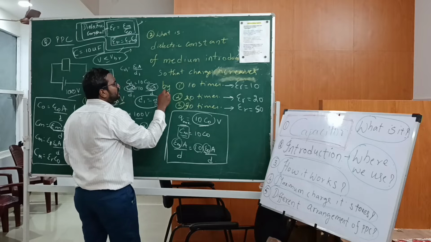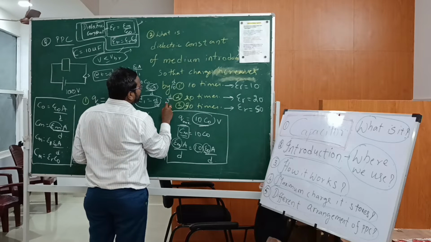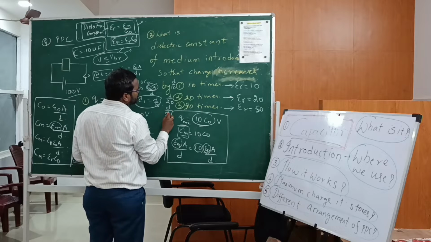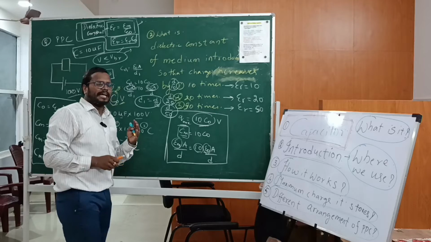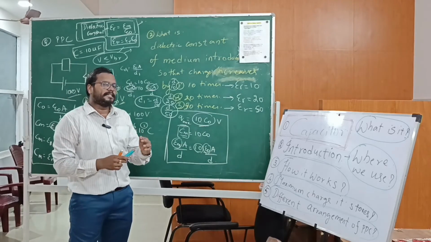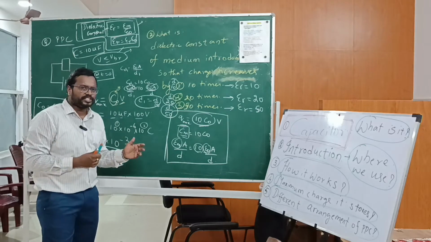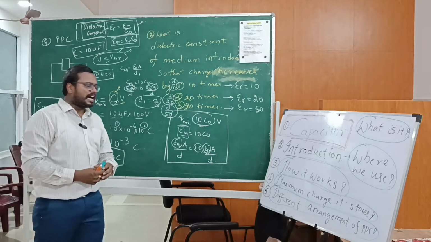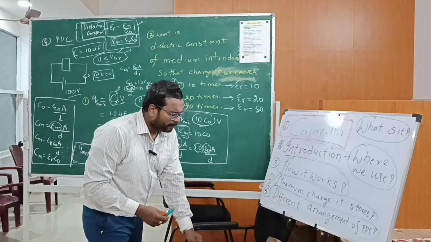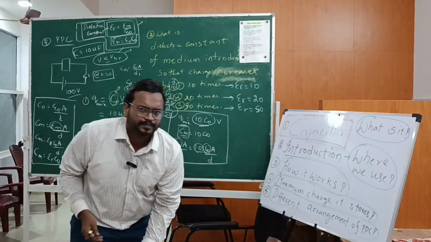So if the distance is decreased by 10 times, or 20 times, or 50 times, then the charge stored on the capacitor can increase. So this is a very good question actually, which includes a very basic idea of how charges can be stored between these parallel plate capacitors.